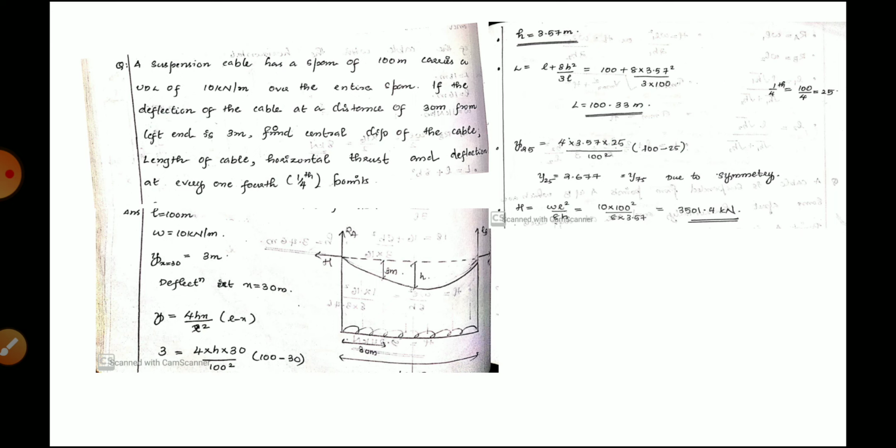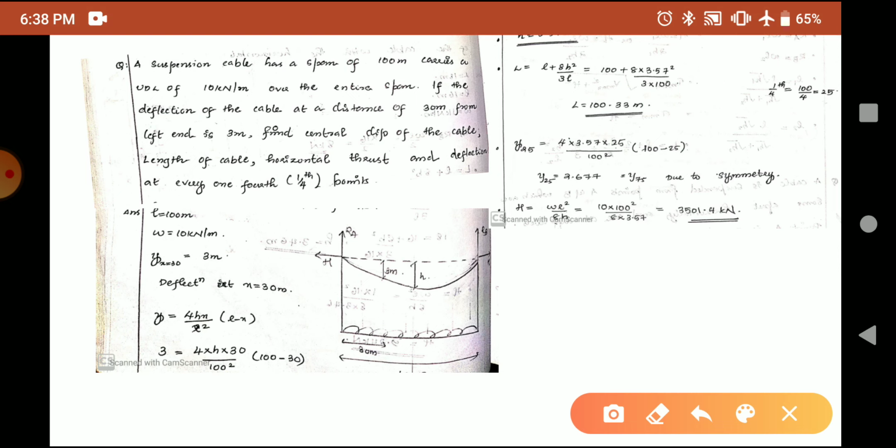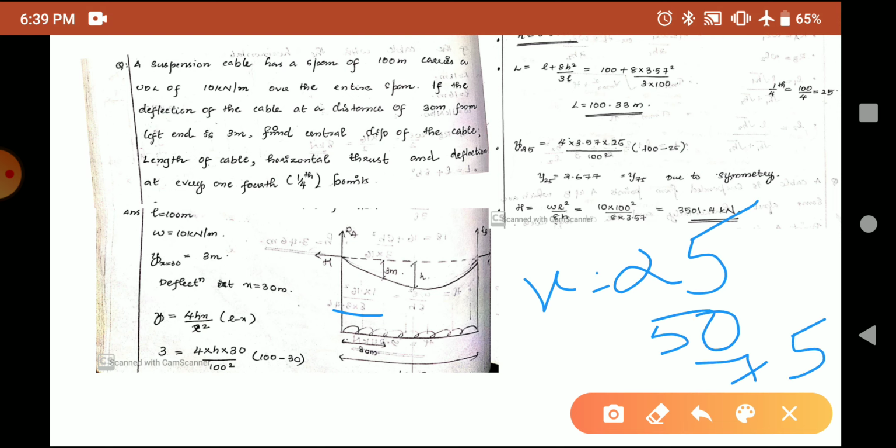Now the deflection at every 1/4 of the point, that is for x equal to 25, next 50 and again 75. For x equal to 25, what will be the value? Substituting 4 into 3.57 into x as 25, find y. You'll get 2.667.